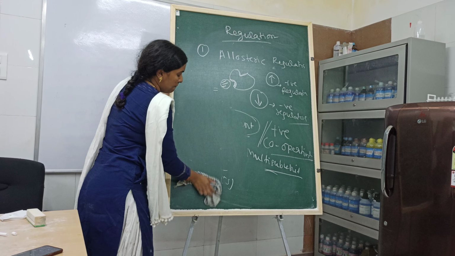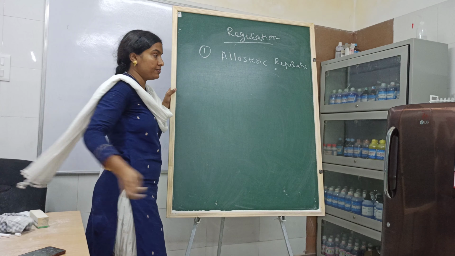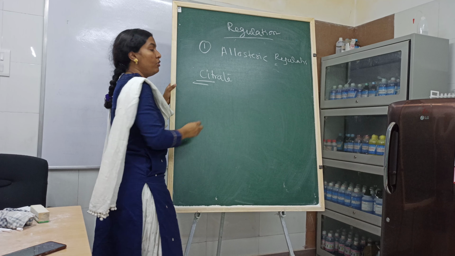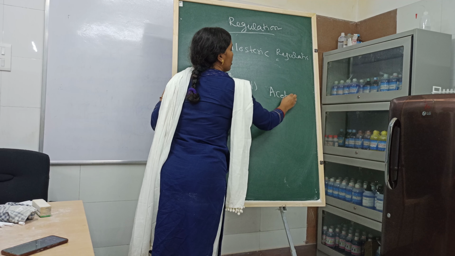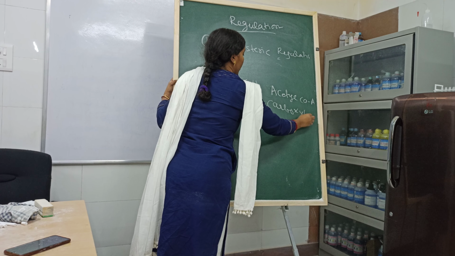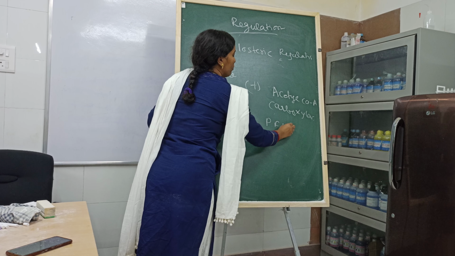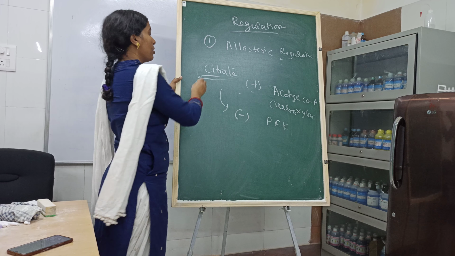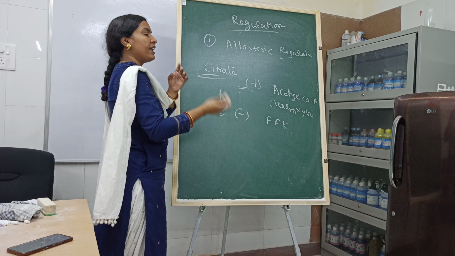An example is citrate. This is an allosteric regulator. It can activate the enzyme acetyl-CoA carboxylase, and it can inhibit the enzyme PFK, that is phosphofructokinase. So one single molecule can be a positive activator and can also give negative feedback.